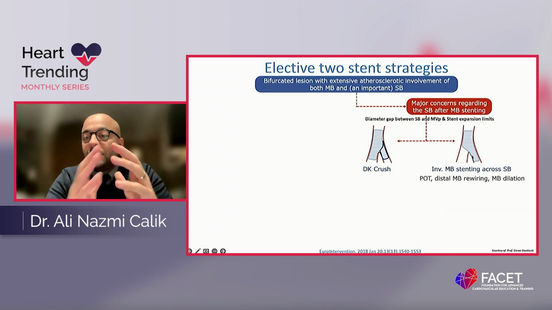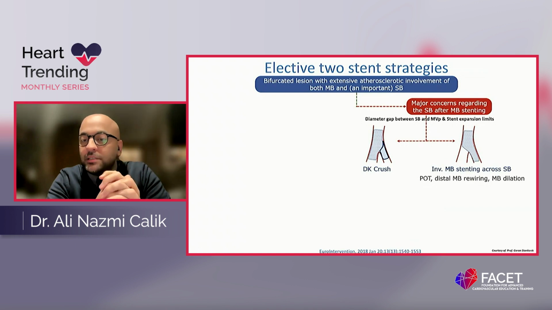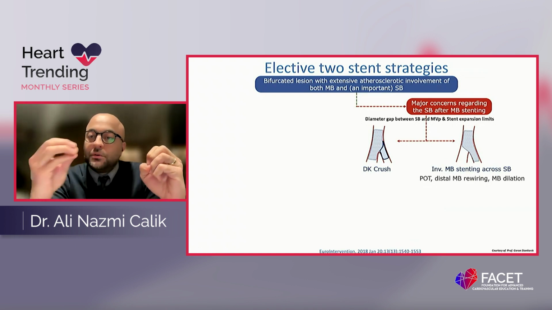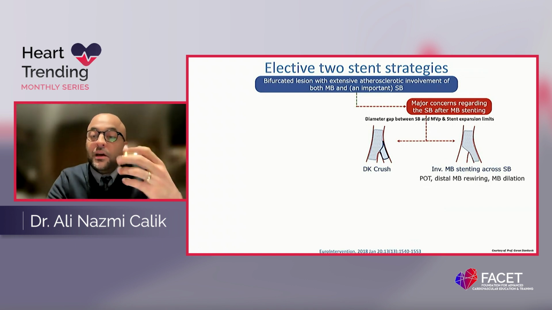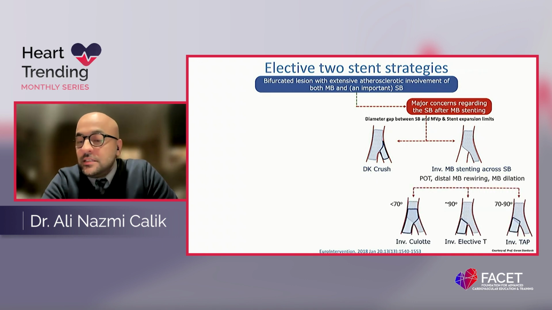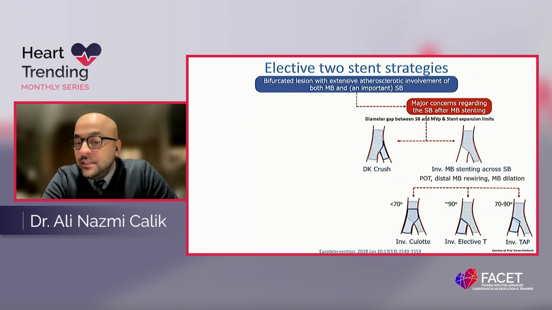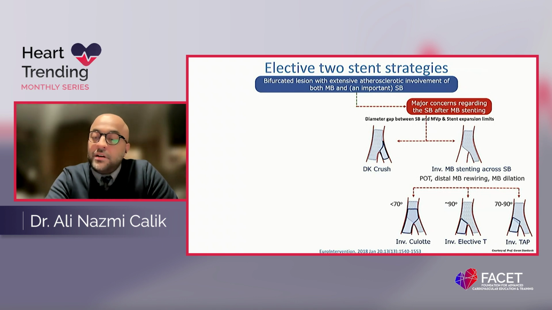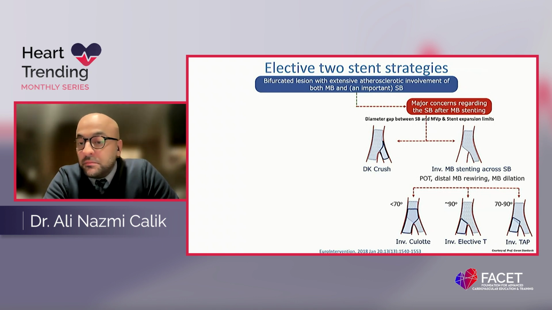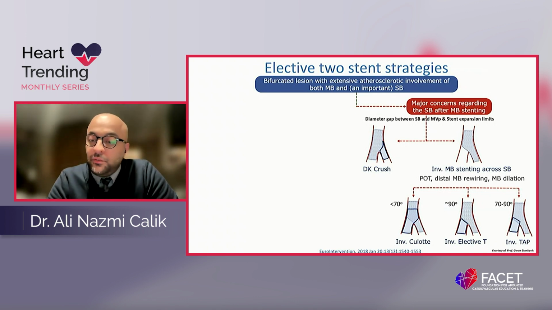But if there are similar diameters between the side branch and the distal main vessel, we can choose these techniques: inverted culotte in bifurcations narrower than 70 degrees, inverted T in 90-degree bifurcations, and if we have an angle between 70 and 90, we can proceed with inverted TAP.